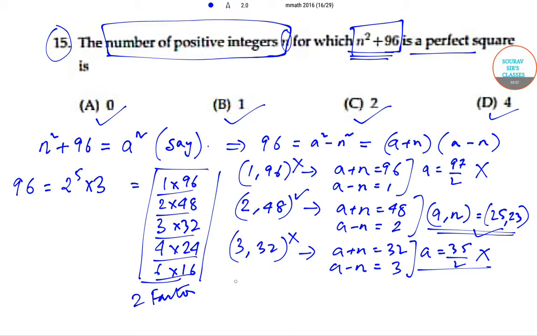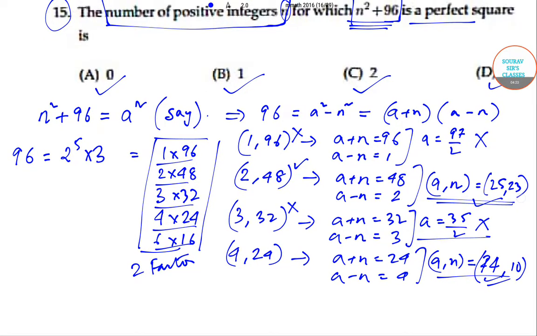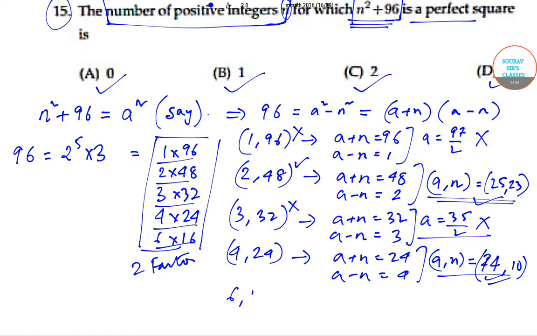Now if we take 4 and 24, a plus n is equal to 24, a minus n is equal to 4. In that case a and n is equal to 14 and 10. So this is very much possible. And the next option is 6 and 16.